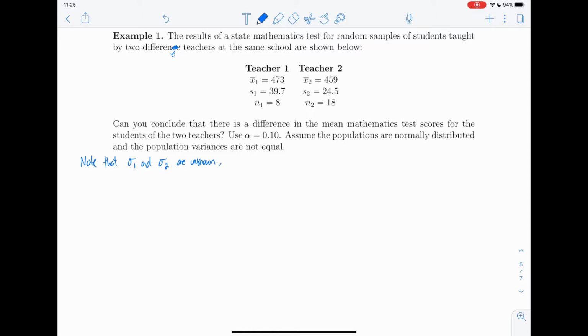We additionally see that the samples are random. And the question is, are they independent? It's not explicitly noted, but the simple fact that the sample sizes are different is more than enough to argue that they're independent. So the samples are random and independent.